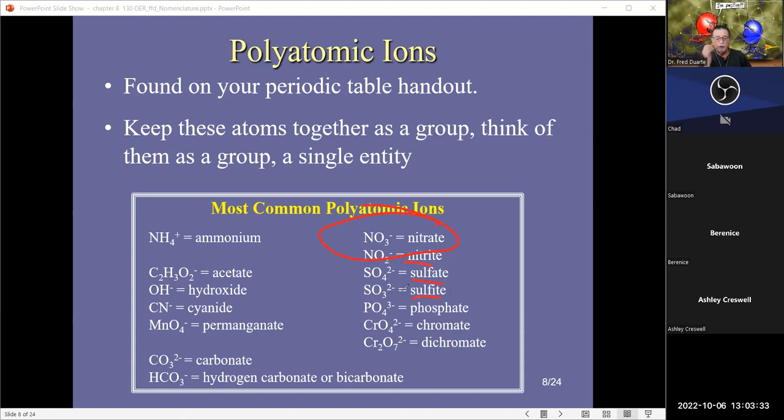Now, when we get to the name, I talked about this. I'm going to just talk about it one more time to help you out with naming these compounds and to recognize what type of species you're working with. Because if we start with just nitrogen, we can do the same thing for sulfur, and we can do the same thing for phosphorus. But with nitrogen, we start off with the name, and obviously the atom, the element is simply nitrogen. We talked at length about it being a nonmetal.